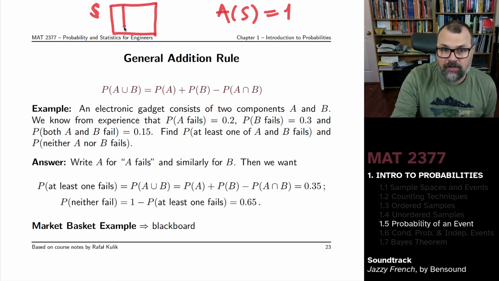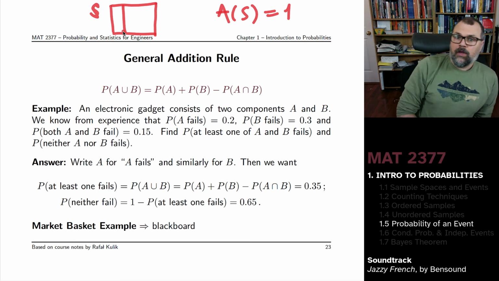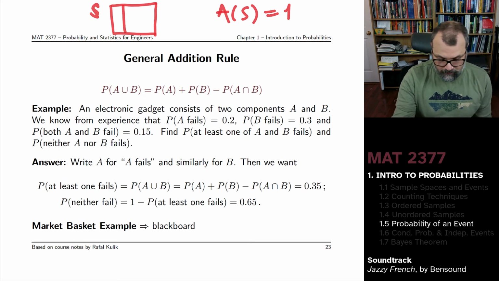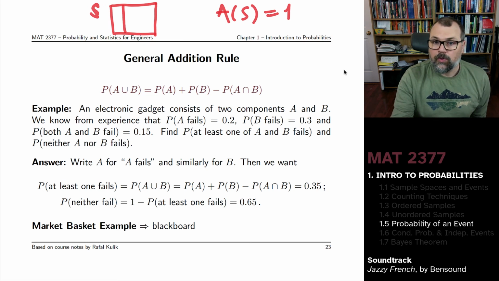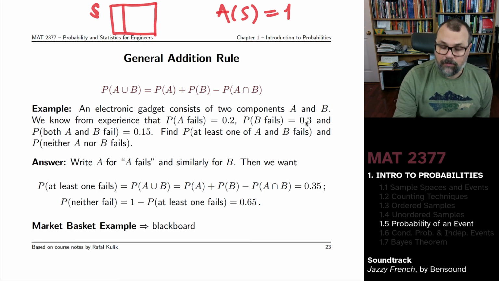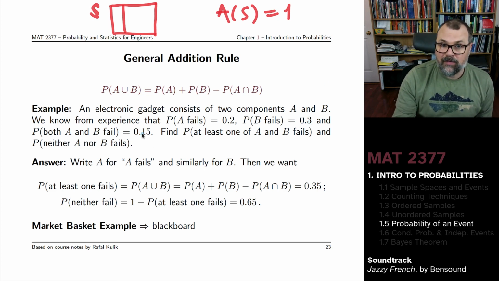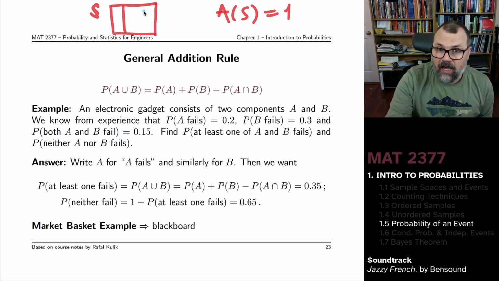You can think of this here as A. And then you have a component B whose area is 30%. But if you don't specify anything about the intersection, the area could be anywhere. This could be the 30% here, right?